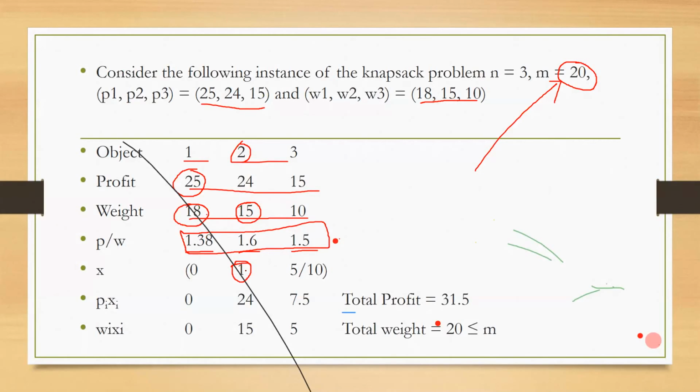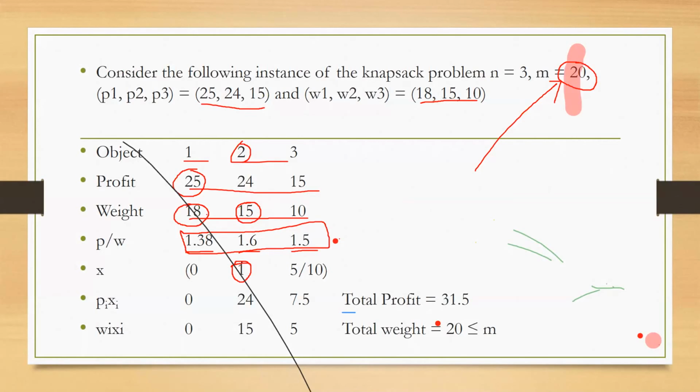Okay, that is finished. Out of 20, you have considered 15, so the remaining is 5. That means you can put an object of 5 kgs, isn't it?